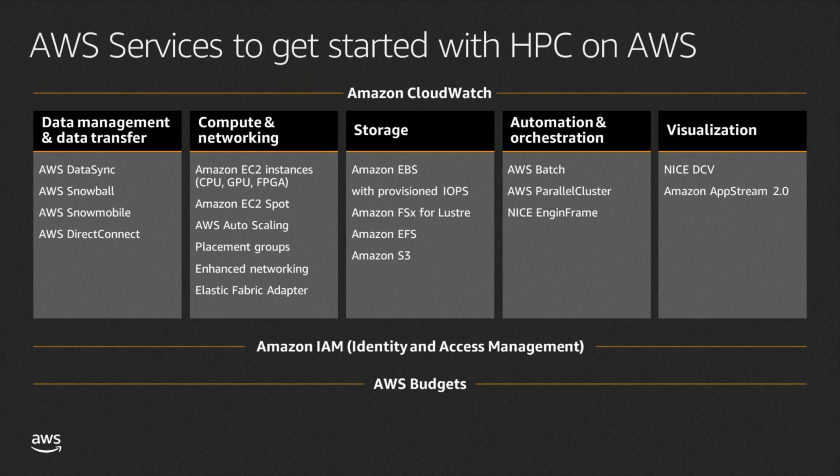which has a unique OS bypass networking mechanism that provides a low latency, high network bandwidth of up to 100 gigabits per second for inter-instance communications. When it comes to storage, AWS offers services like EBS, which is the Elastic Block Storage, EFS, which is the Elastic File System, and S3, which is the object storage.